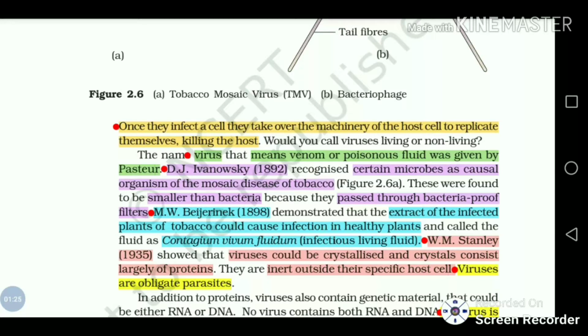Then in 1898, M.W. Beijerinck showed that the extract of the infected tobacco plant could cause infection in healthy plants, and he called this extract contagium vivum fluidum, meaning infectious living fluid.